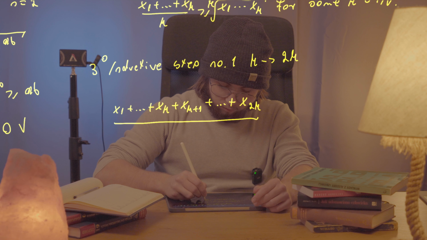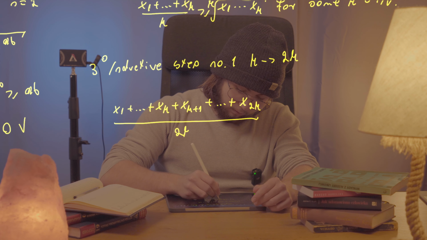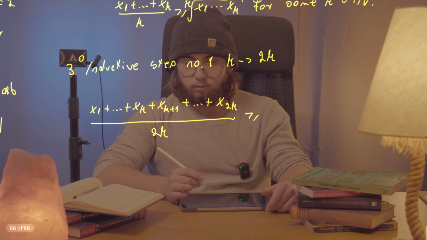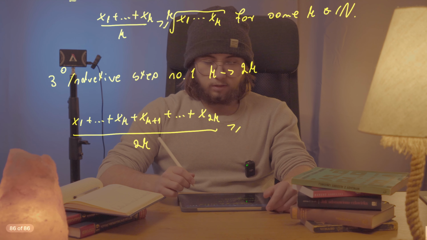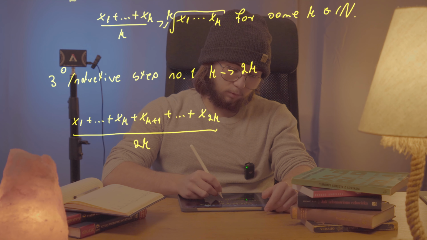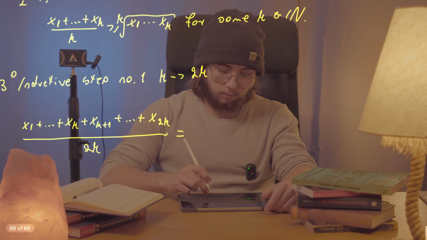We are going to divide everything by double k and see what this is greater than or equal to. Well, actually, we can't really see anything right now, but let's try to manipulate this expression a little bit.